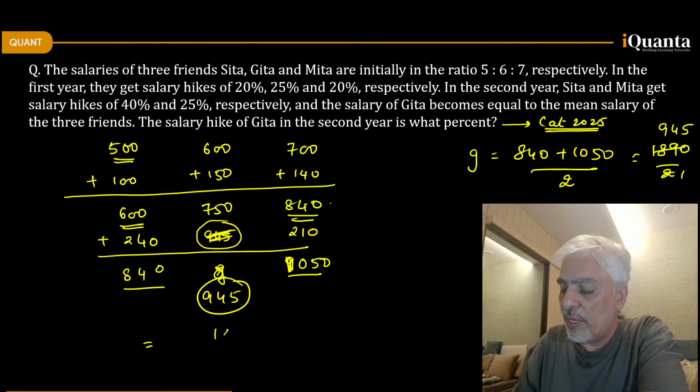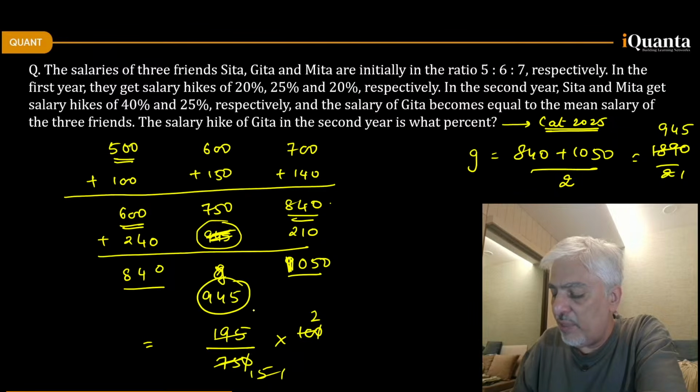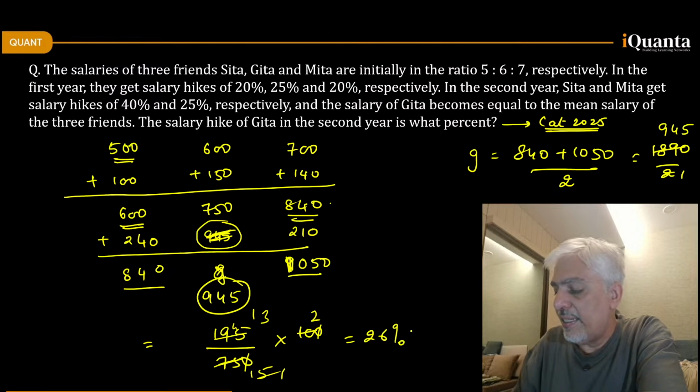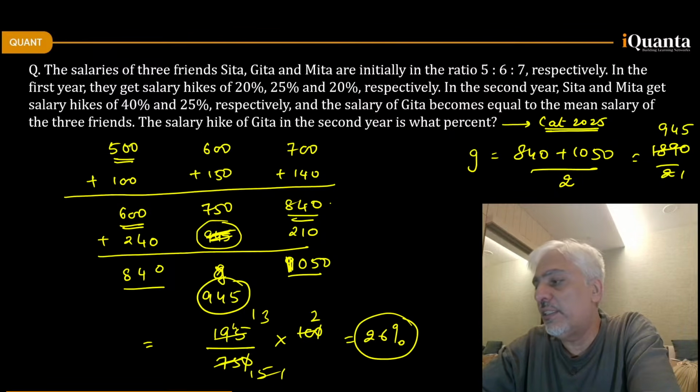So the answer is 195 divided by 750 into 100. 5 15s are 75, 15 threes are 45, 13 twos are 26%. Exact 26. CAT question, and I thought a very simple question.